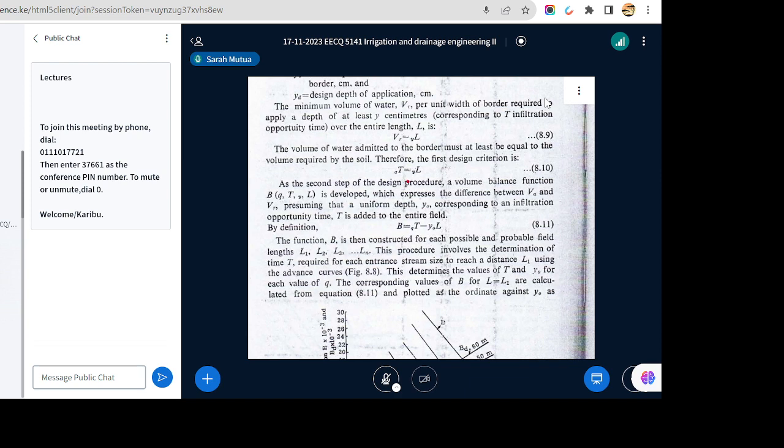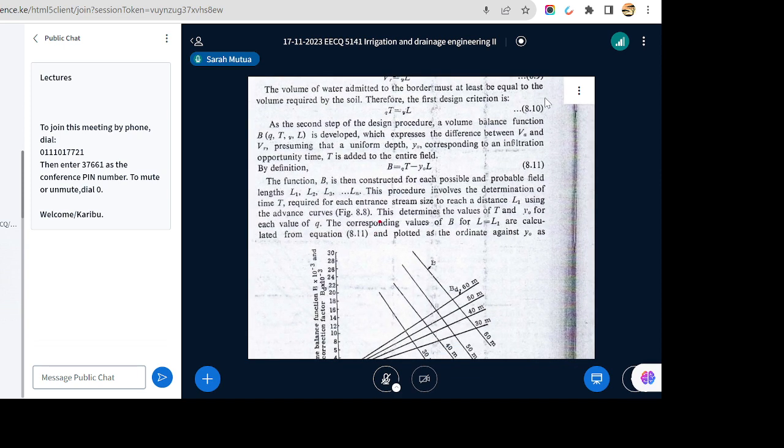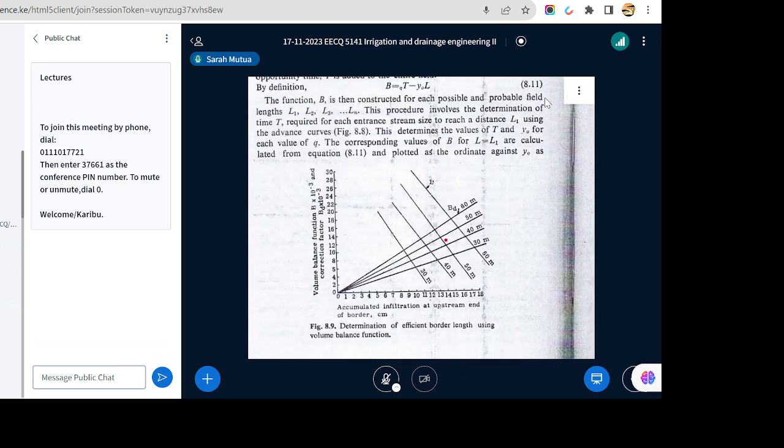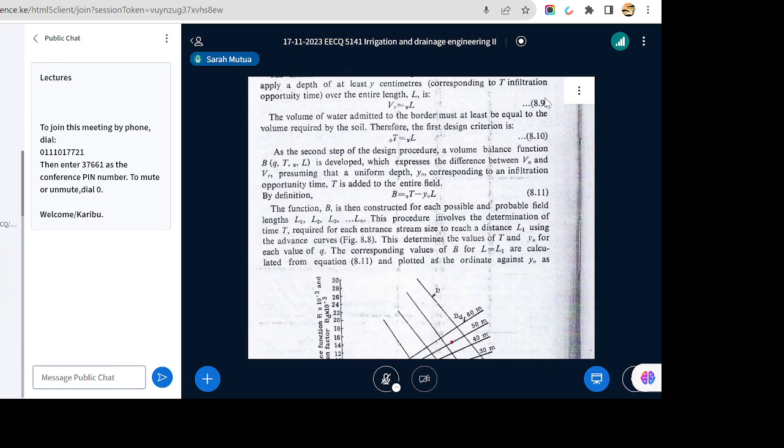And then secondly, you can also have a second volume balance function, which is a function of the discharge, infiltration opportunity time, the depth of infiltration, and length of the border strip. You can develop such a volume balance function B, and we have very many volume balance functions that have been developed for specific cases.